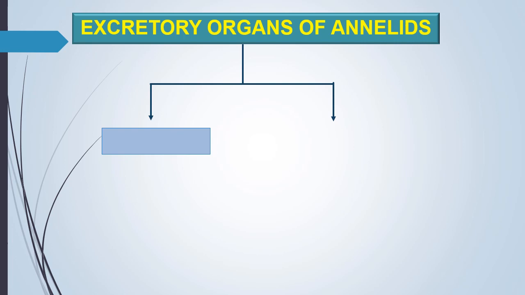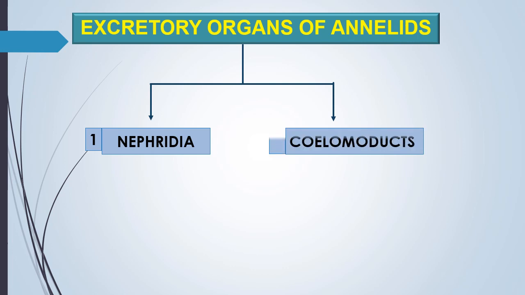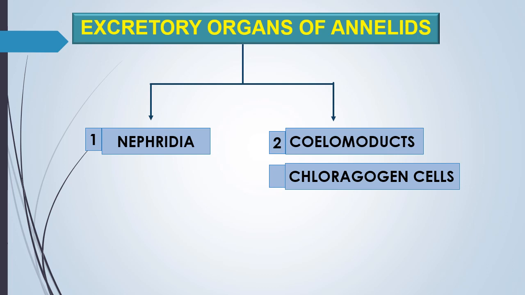The primary excretory organs in Annelida are the nephridia, while the secondary excretory organs include coelomoducts and chloragogen cells. About these three organs we will discuss in the next slide.